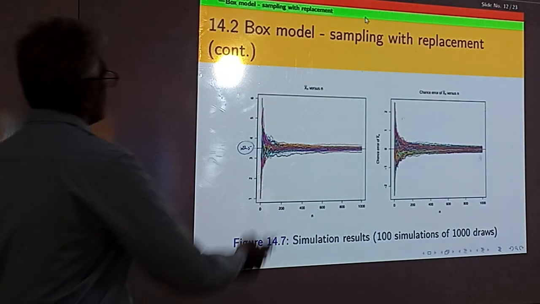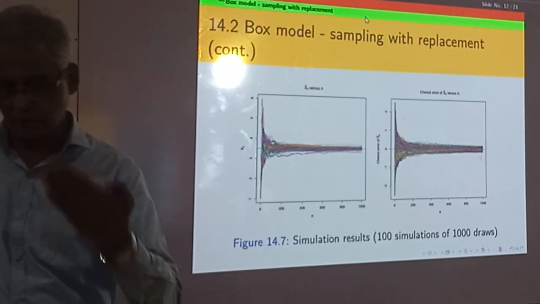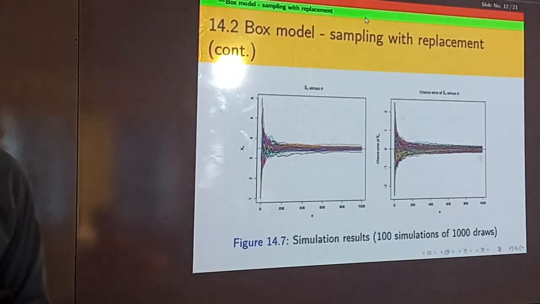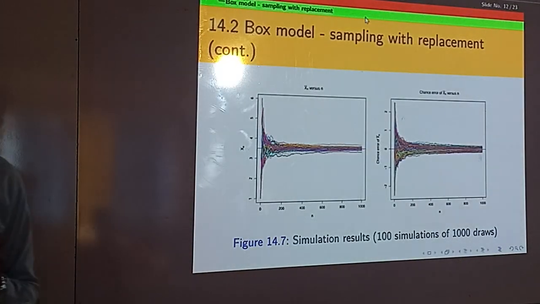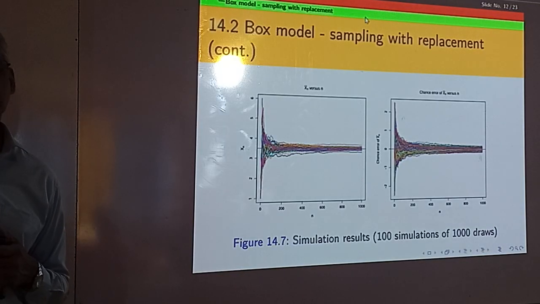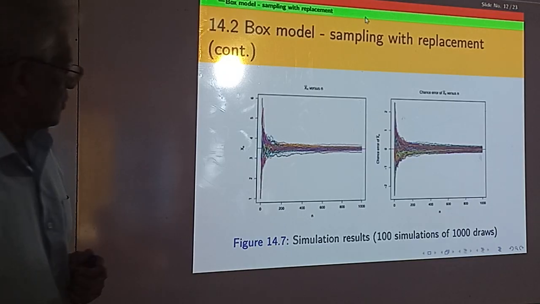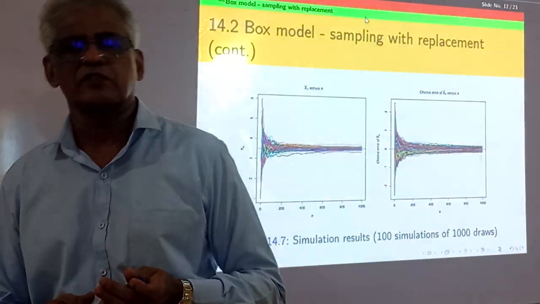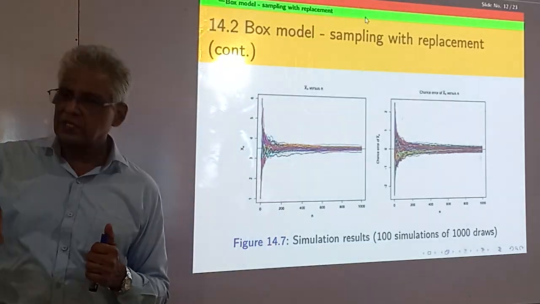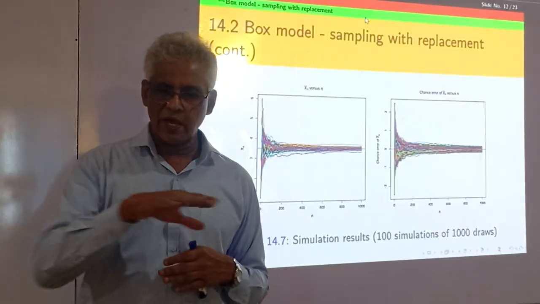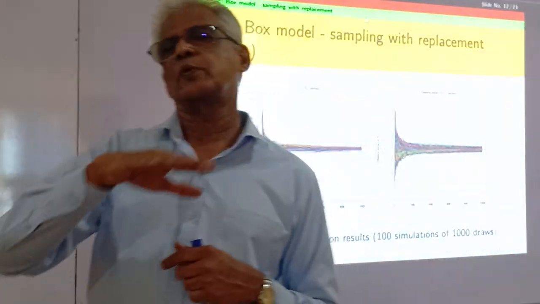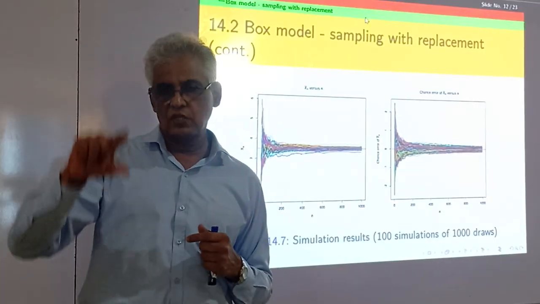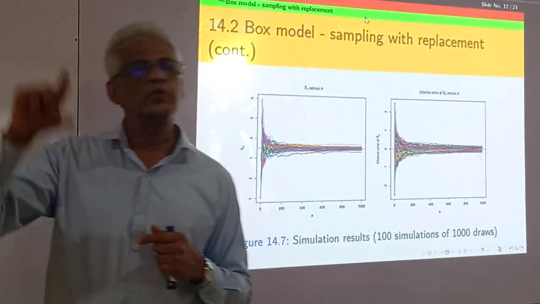Again, when you are taking a sample from a population, the sample mean will be converging to the population mean when you increase n. If your sample size is not that large, for example a sample of size 10, x bar n will be around the population mean, but there can be a large variation if you do it again and again.